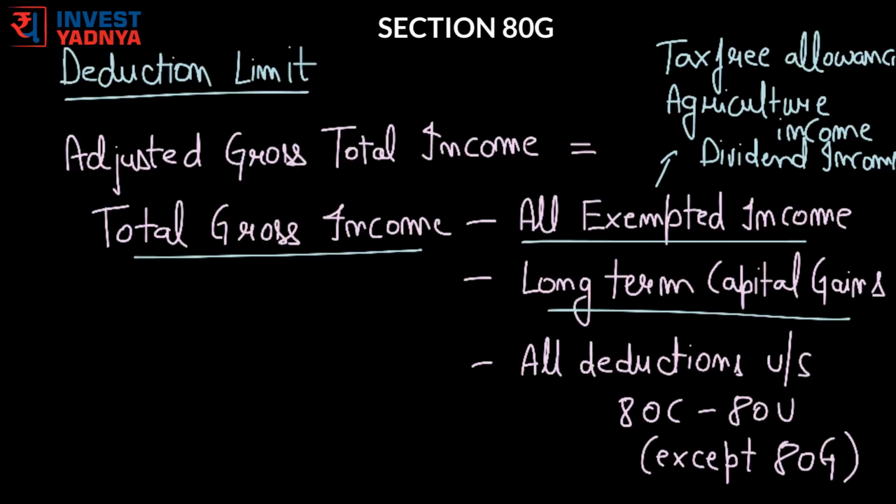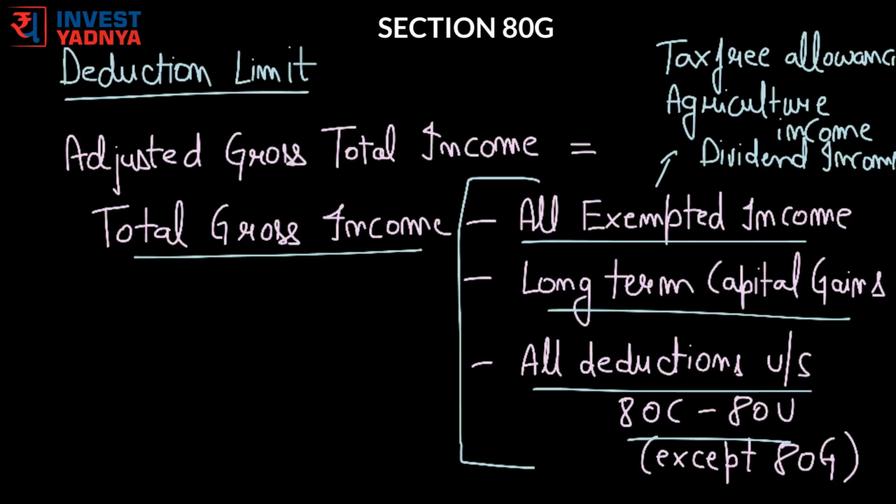And the third is all deductions under section 80C to 80U except of course section 80G, since we are discussing it. So when you deduct all these three things from your gross total income, that is the total income without tax, then you get adjusted gross total income.